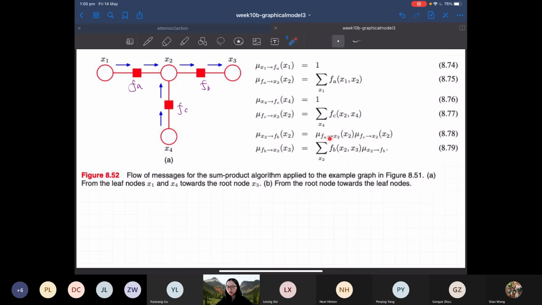The only work done here is multiplying them. So since we already have these two expressions, we multiply them together. Now there is one remaining factor node. So we multiply the incoming message from x2 to FB with the factor FB itself, and then marginalize out the node that's downstream in the leaf direction, with a sum over x2. So this is what FB sends to x3.